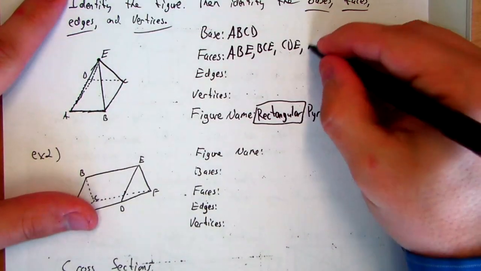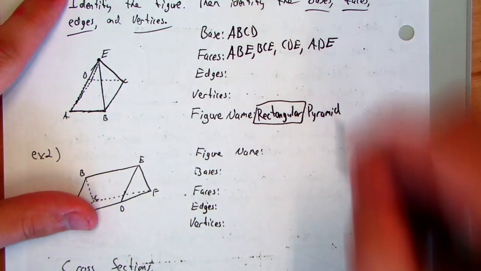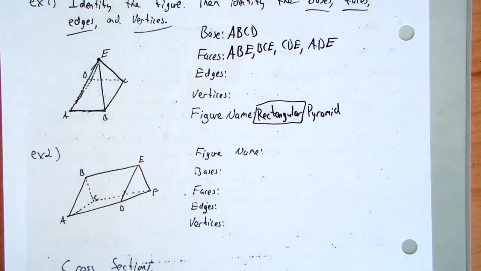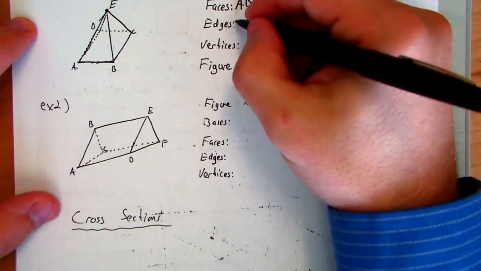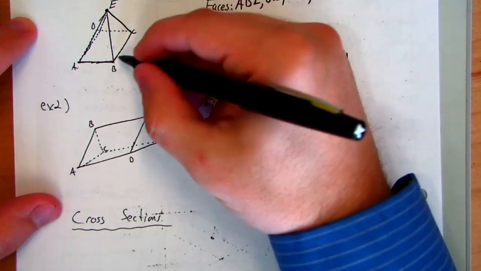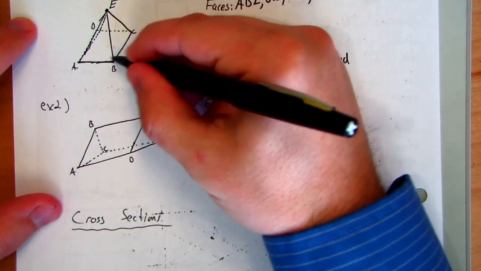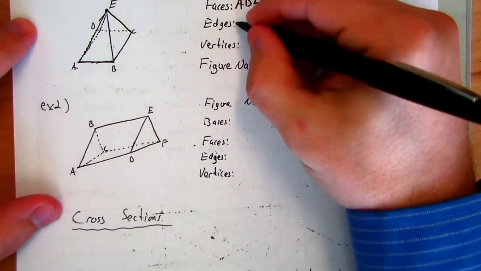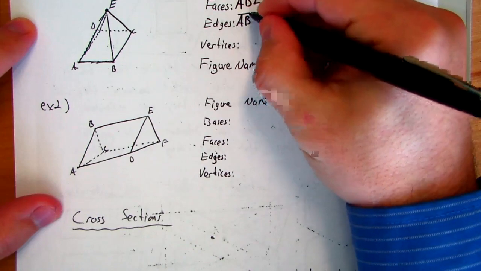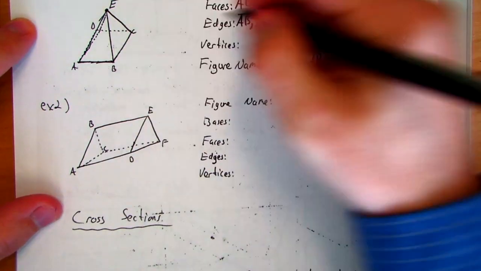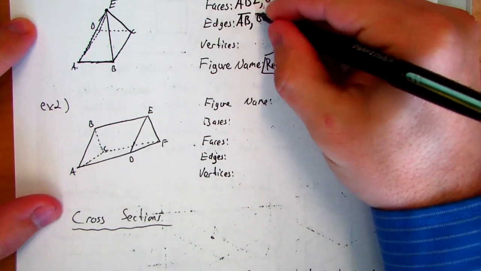Edges are going to be these line segments here. So we'd have AB as one of them, with a line segment. We'd have BC. We'd have CD. We'd have DA, or you can say AD, it doesn't matter.